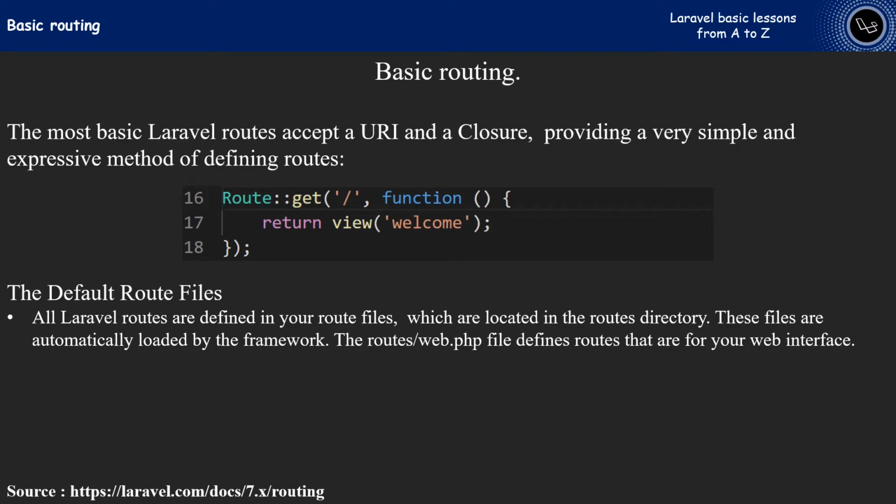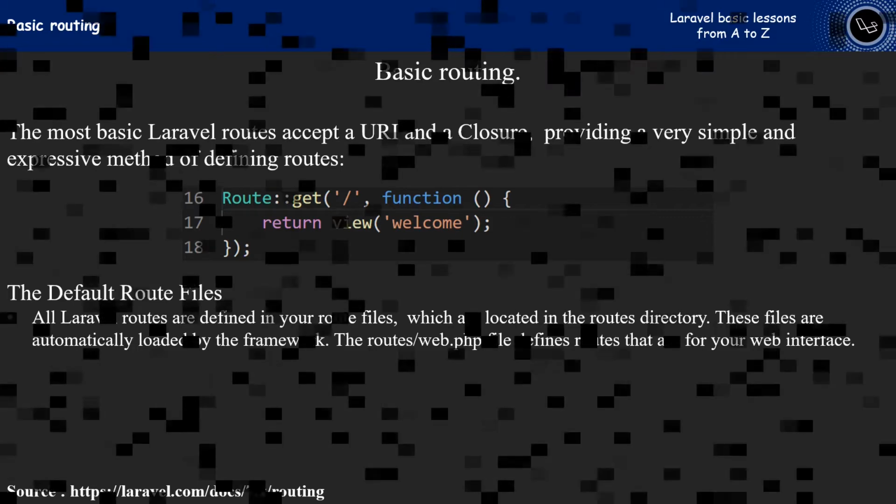This is the default route file that we are going to be using during this course. This web.php file defines routes for your web interface, and we are going to see more about this.